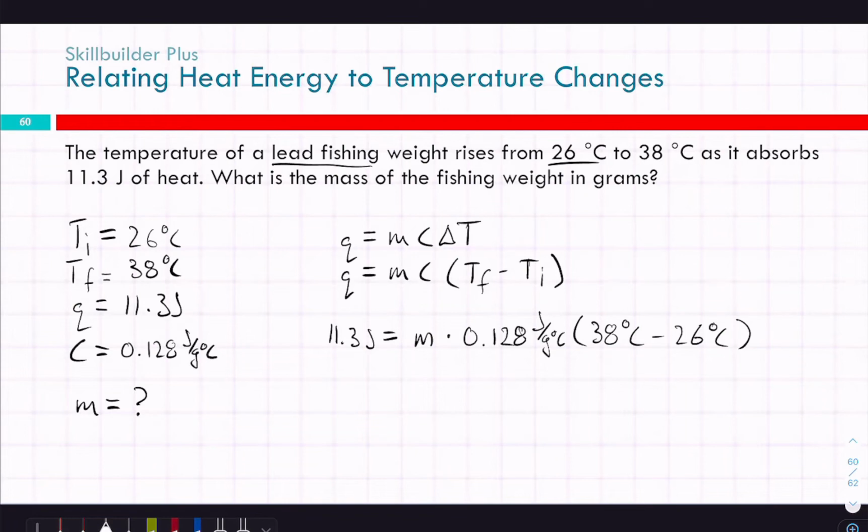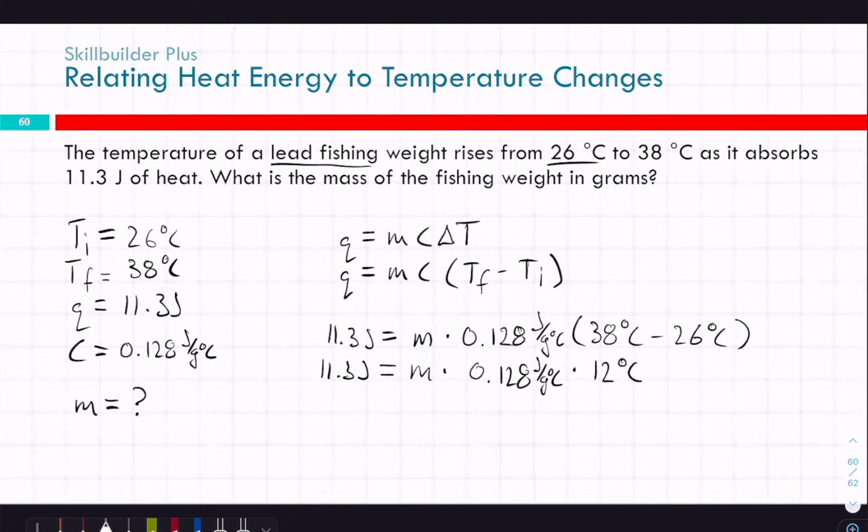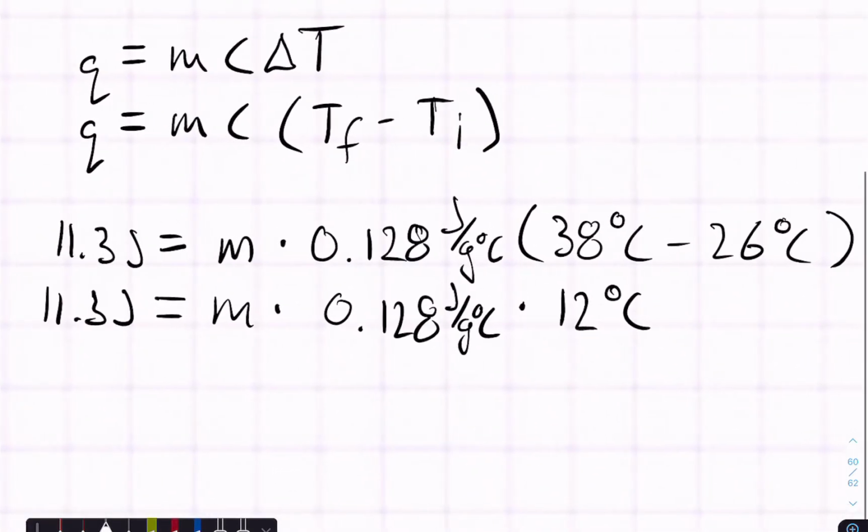So you always start with whatever's in parentheses. So we can do 38 minus 26. So that'll give us 12 times 0.128 times M, 11.3 joules. What should we do next?